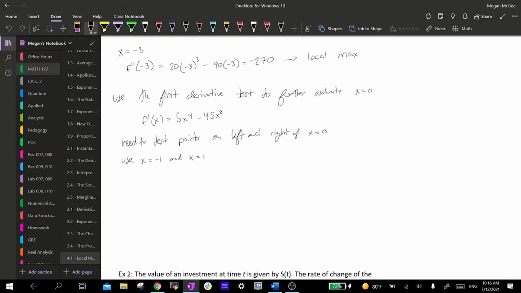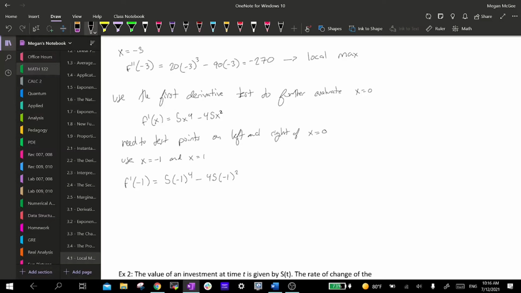So we want to examine the first derivative at x is equal to negative 1. So this gives us 5 times negative 1 to the fourth minus 45 times negative 1 squared. All right. Whenever we have a negative raised to an even number, the negative is going to cancel itself out, right? So it's going to be squared out essentially.